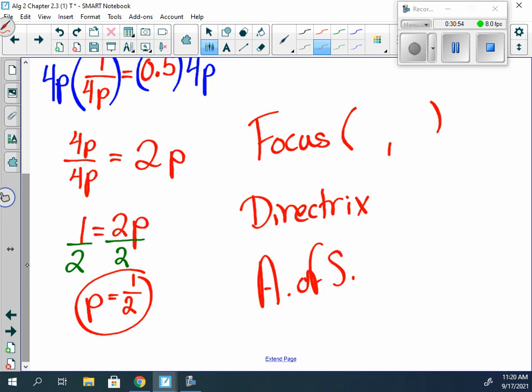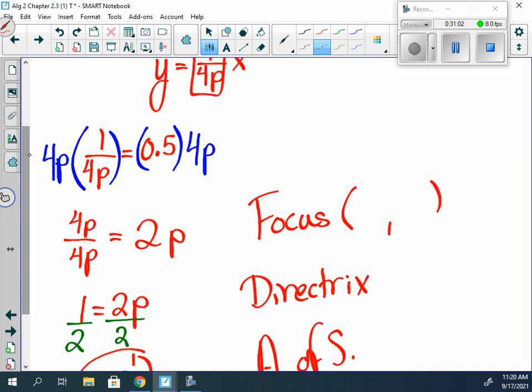So our focus for this one here is what? So we're dealing with y equals, yes? So this would be our h comma k plus p, because that's the one it matches up with. H is 0. K is 0. Plus, what is 0 plus 1/2?